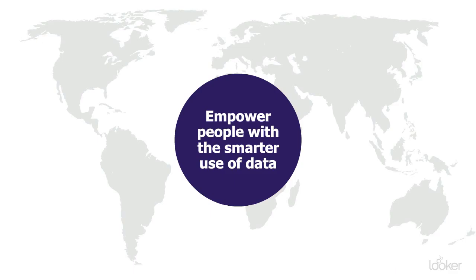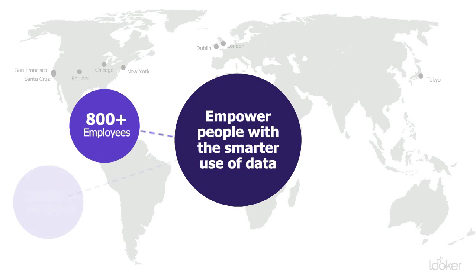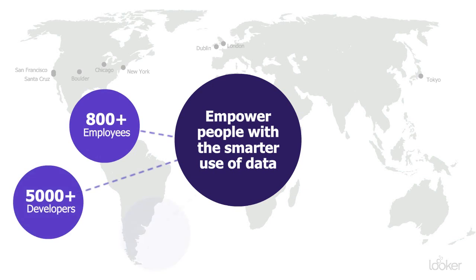It really starts with our mission of empowering people with the smarter use of data. And this has evolved over time to grow our network of companies that are joining us on this mission. We've got 2,000 companies today partnering with us to use data to make better decisions, drive better business outcomes, and deliver better experiences for their customers.